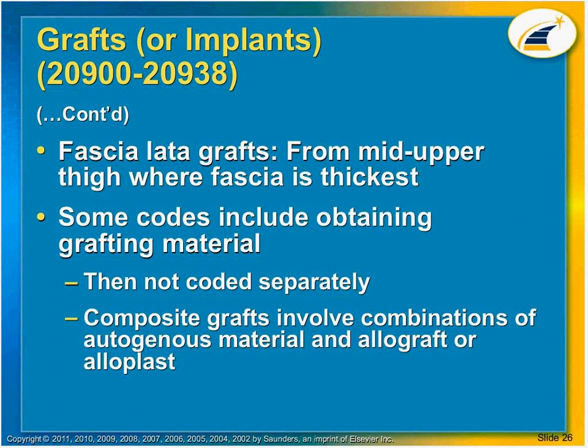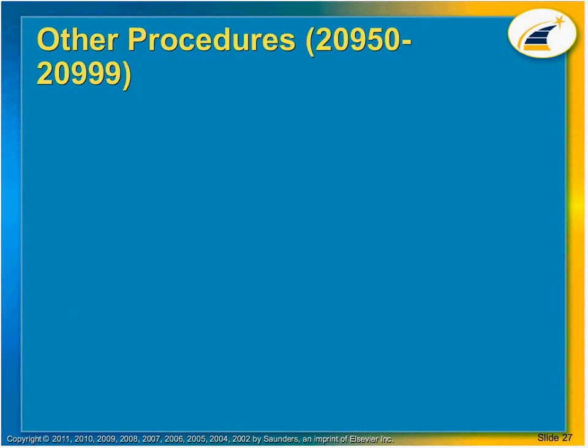What you would pay attention to when you're dealing with grafts or implants is whether or not your code is bundled, whether or not your code includes the harvesting, and also if it can be coded and billed separately.